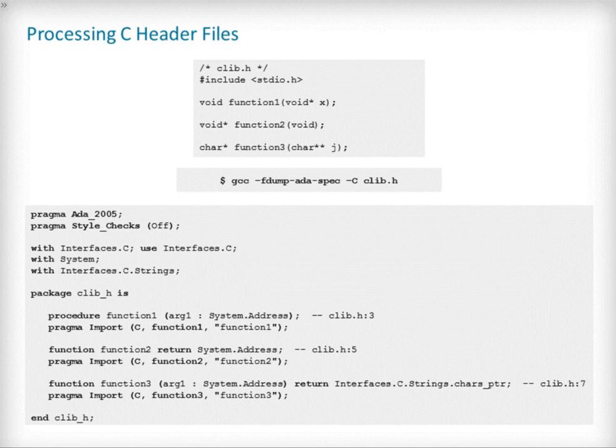Note the use of Interfaces.C.Strings for the character pointer return value from function 3. At time of writing, Ada 2005 pragmas are generated, but these could be manually converted to Ada 2012 aspects. Perhaps in the future, support for Ada 2012 aspects will be added.